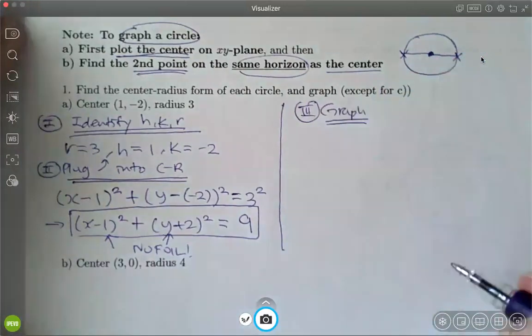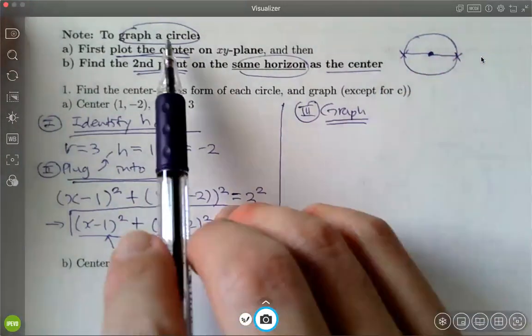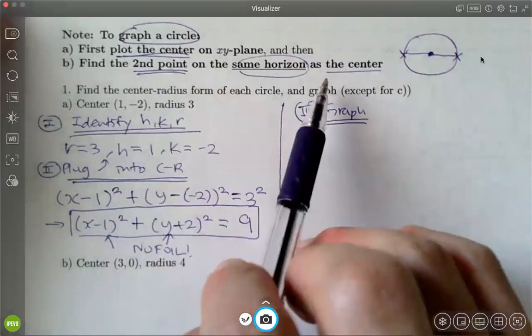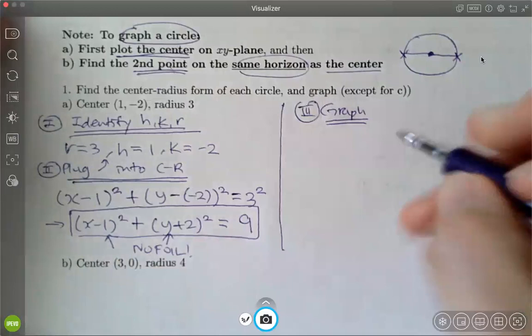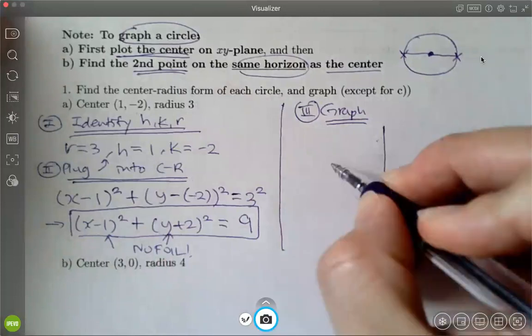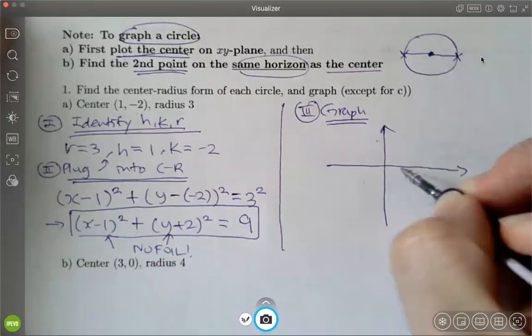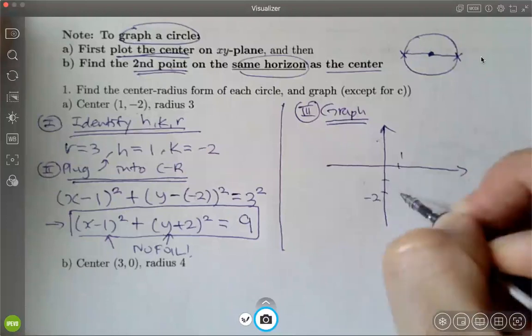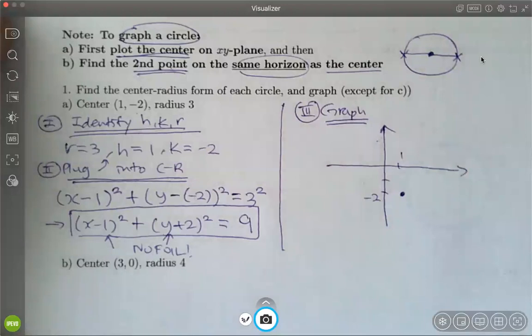Okay, so remember, to get the graph, you have to plot the center first, and then find the second point which lies on the diameter. Okay, so the center is at 1, negative 2. So it's in the 4th quadrant, right? Okay, and now, how can you get the second point, which has to lie on the same horizon?